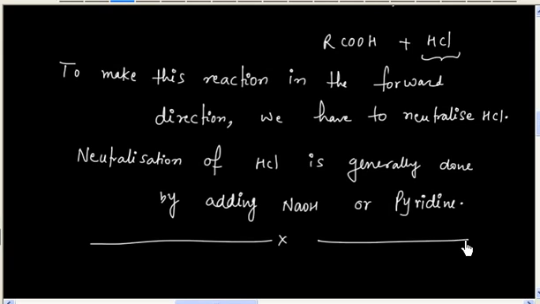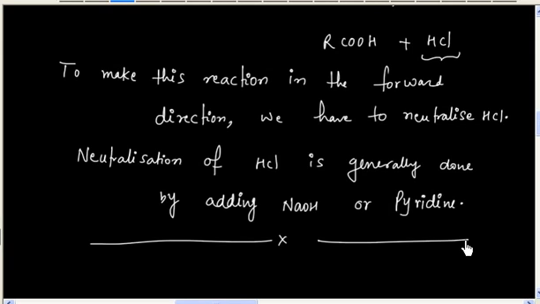So in this lecture we discussed hydrolysis of acid halide. Acid halide can be easily hydrolyzed in the presence of water. Unlike other derivatives that require a catalyst, acid halide does not require any catalyst. It can be simply hydrolyzed in the presence of water.